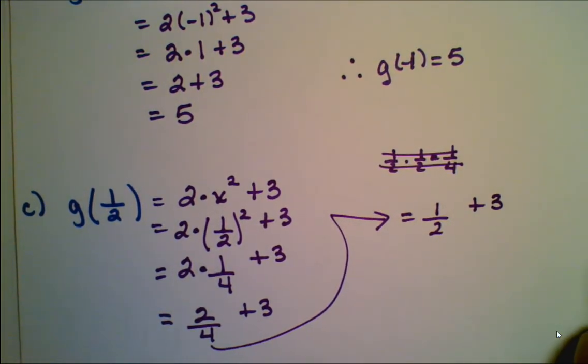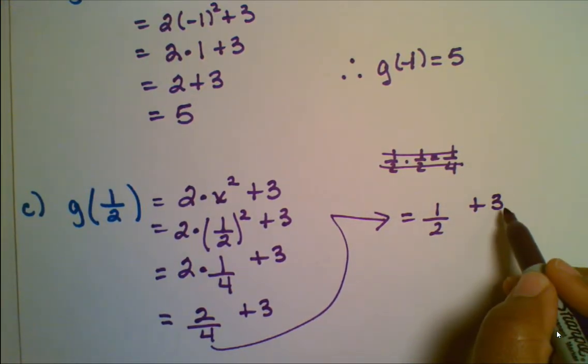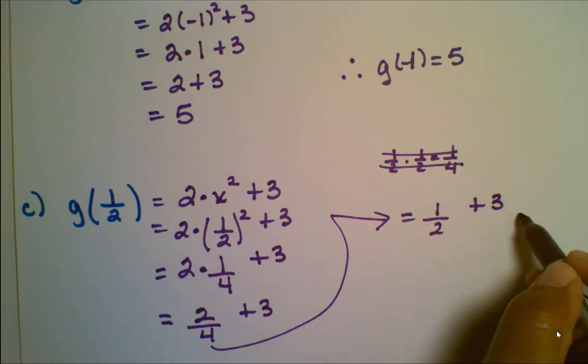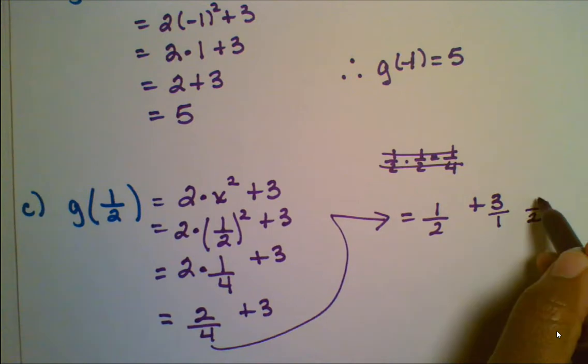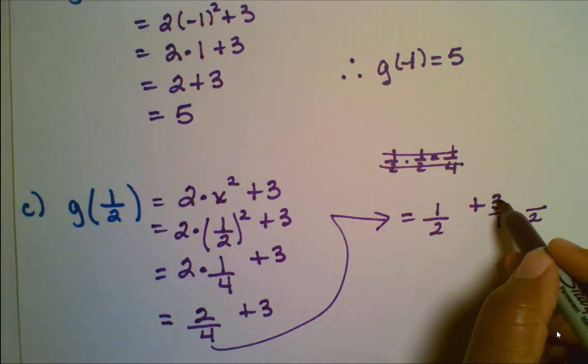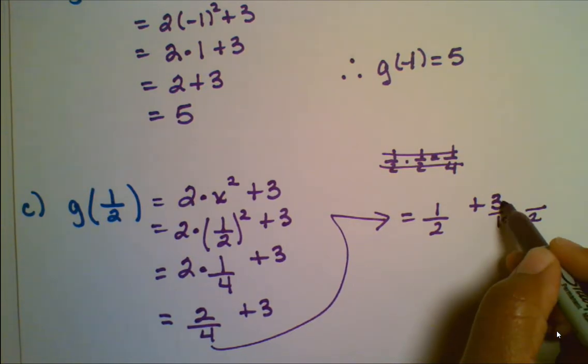Now we have a fraction plus a whole number, so let's convert this 3 into a fraction. To do so, we place a 1 under it. We want to convert 3 into halves. So what must we multiply 3 over 1 by to get it into halves? That would be a 2.